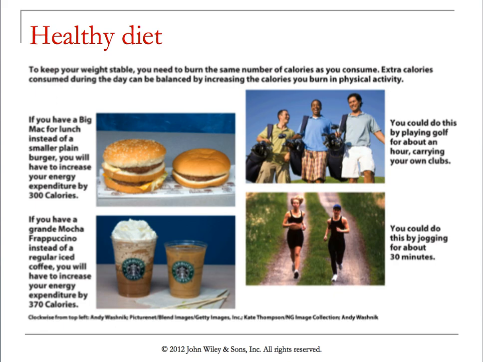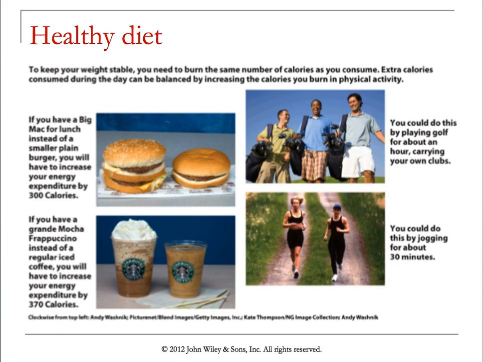So here are some different examples of how to make healthy choices in your life. On the upper left, if you have a Big Mac for lunch instead of a smaller plain burger, you will have to increase your energy expenditure by 300 calories. 300 calories is the difference between just a small regular cheeseburger and a Big Mac.